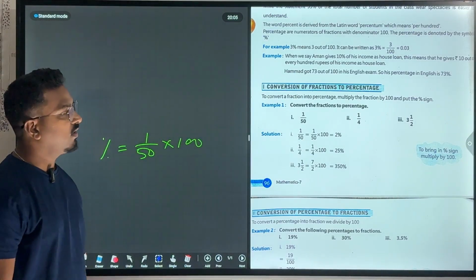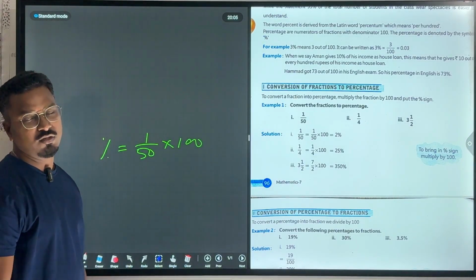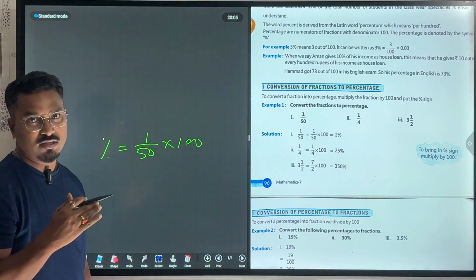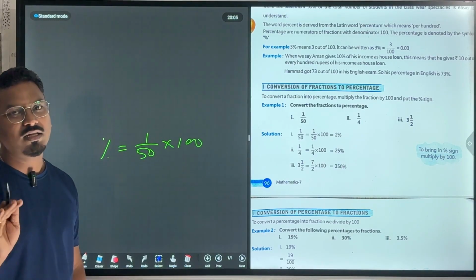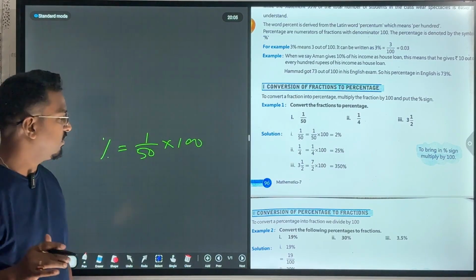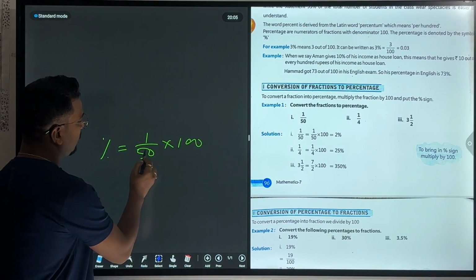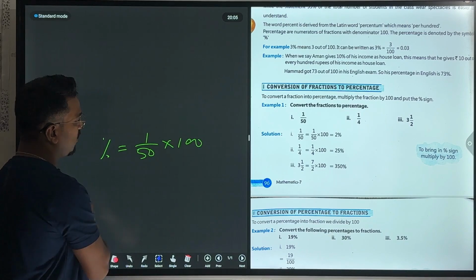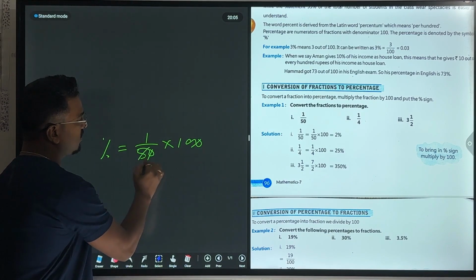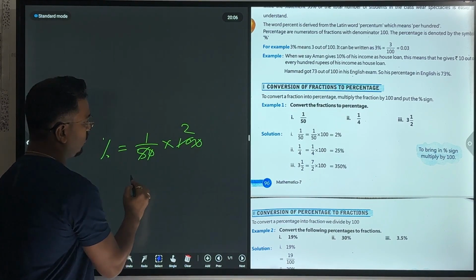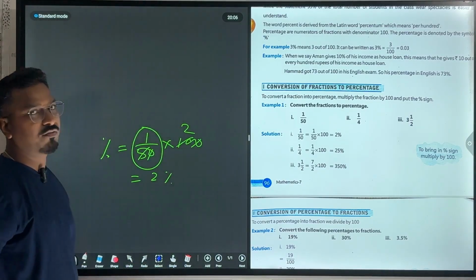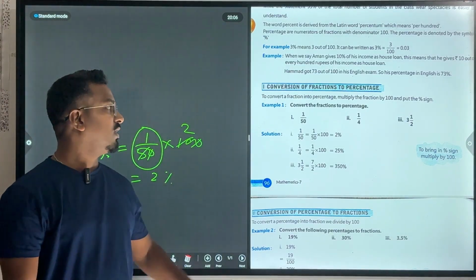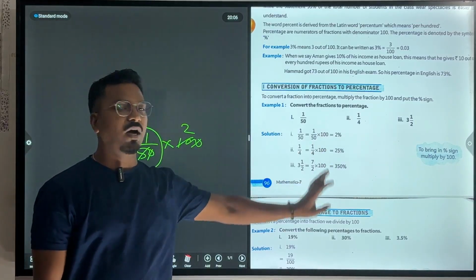If you want to bring the percentage sign, you multiply, and if you want to remove the percentage sign, you divide by 100. So 1 by 50 times 100, if you cancel it, it will become 2%. Whenever you want to convert fraction into percentage, you have to multiply by 100.